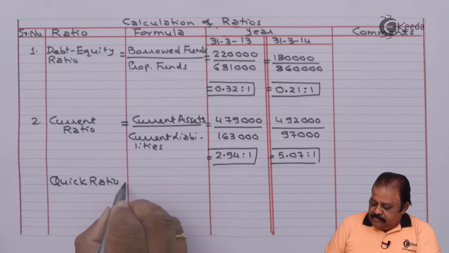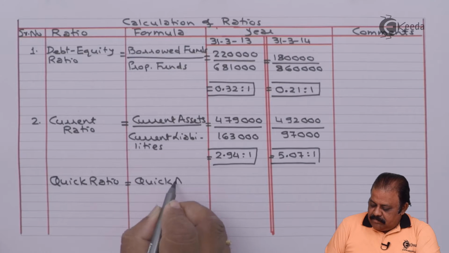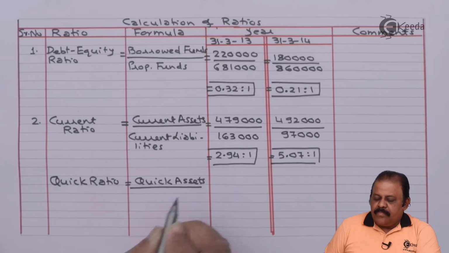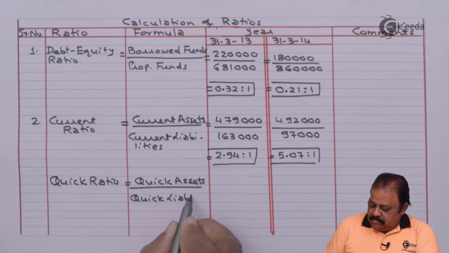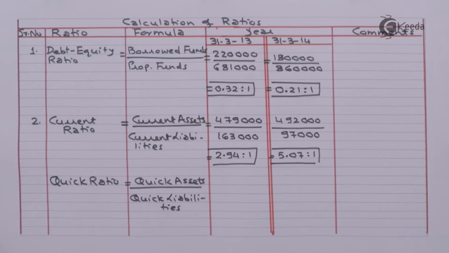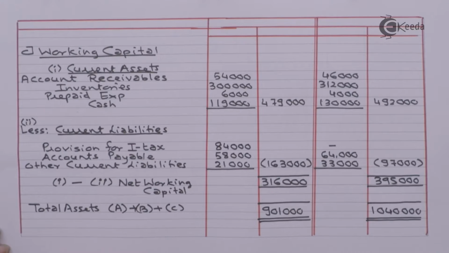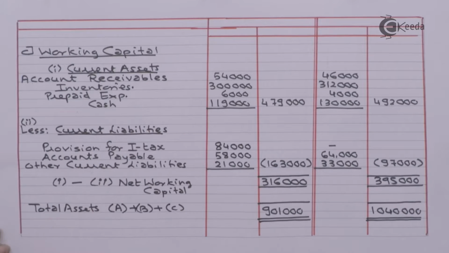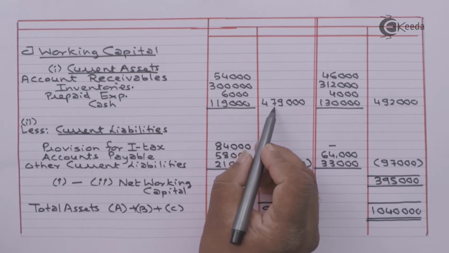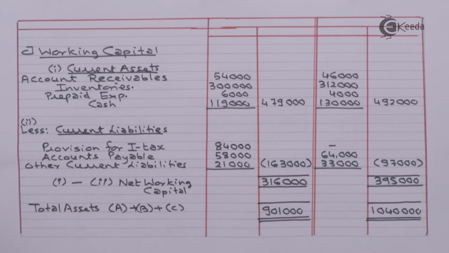Quick ratio, quick assets upon quick liabilities. Out of current assets, inventories and prepaid expenses are not quick assets. So from total current asset, we are required to subtract them to arrive at quick assets.